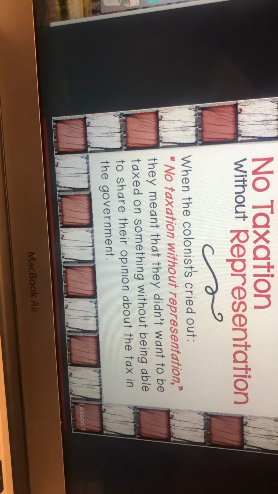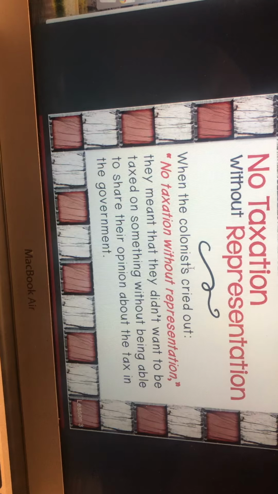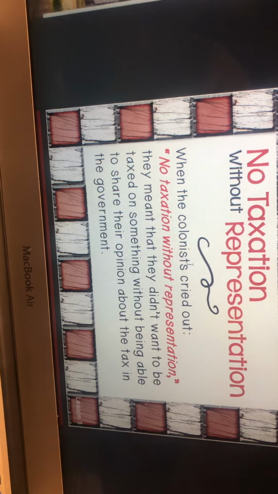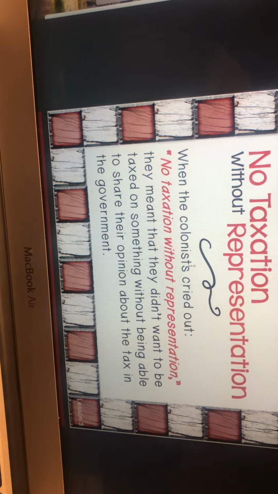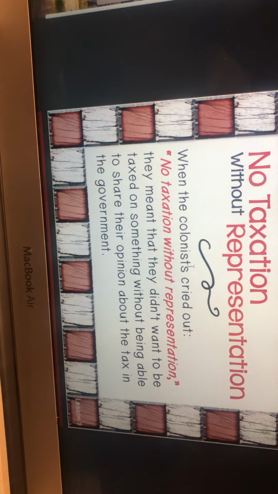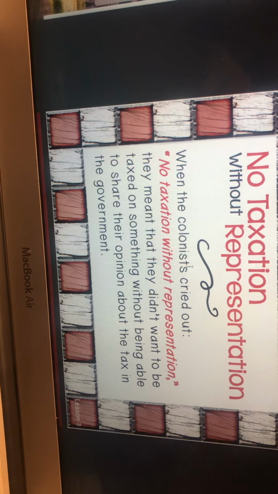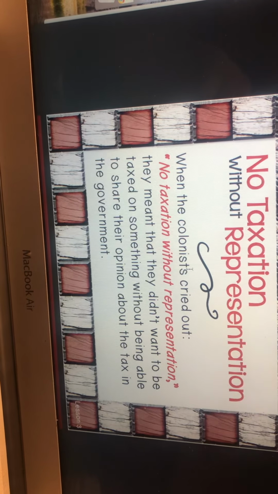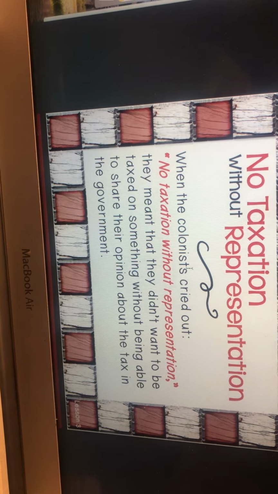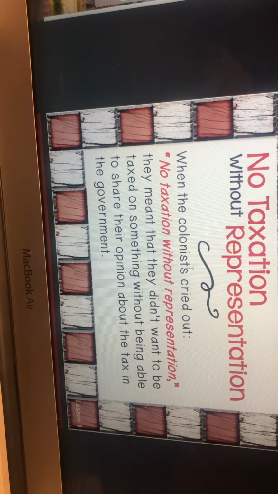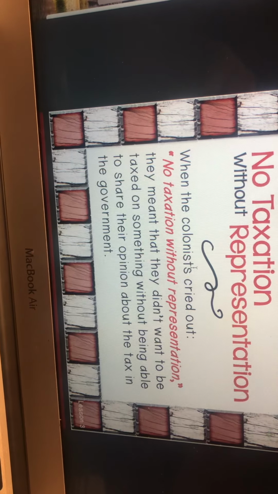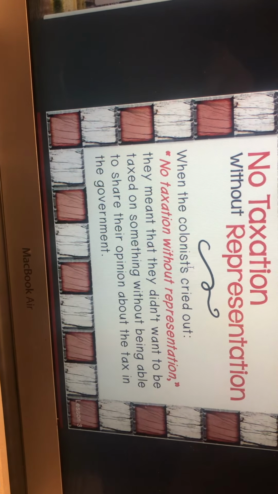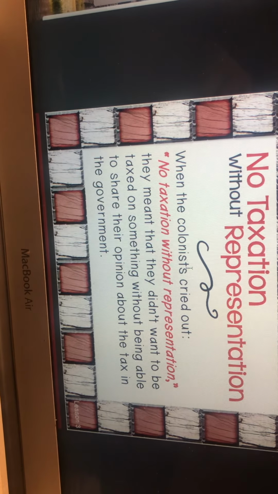The colonists didn't get to have an opinion about these taxes. Typically, if they lived in England or Great Britain, they would have had an opinion, but because they lived in the colonies, King George felt they did not need one.